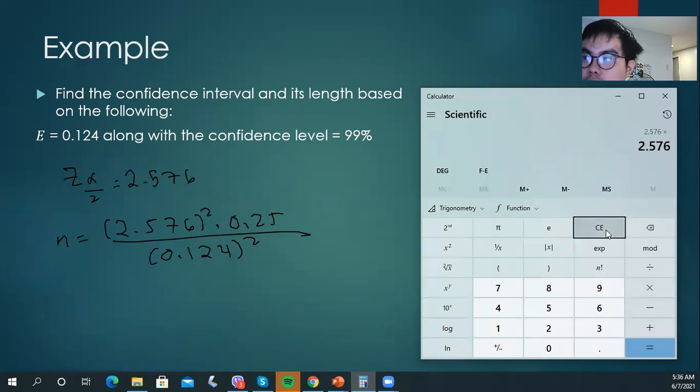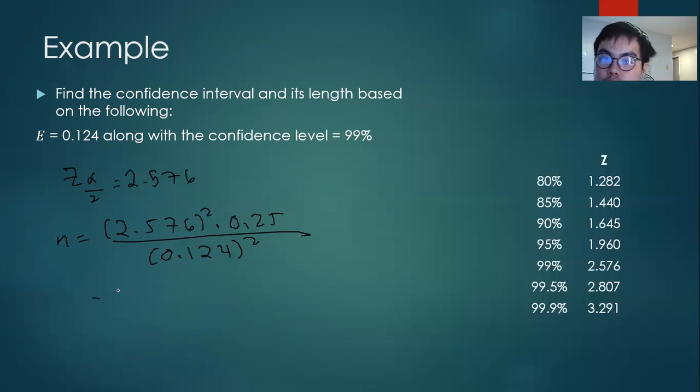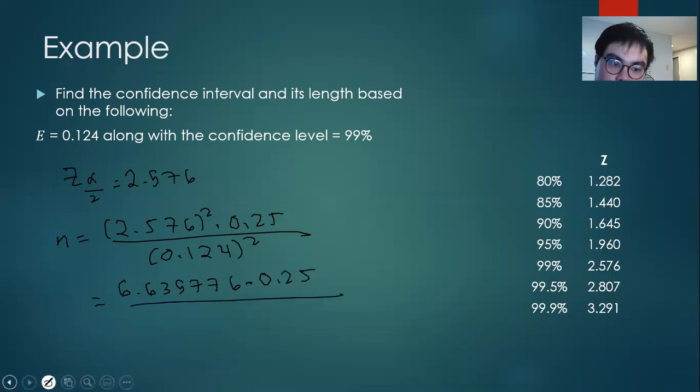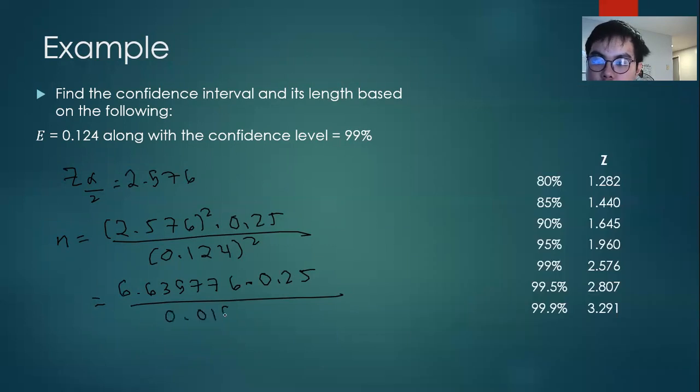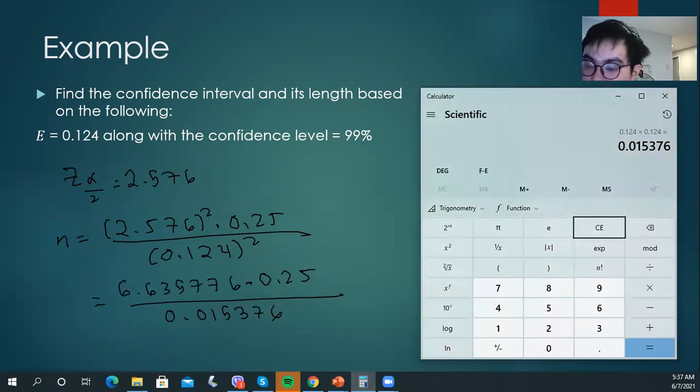So it will become 6.635776 times 0.25 over 0.124 times 0.124, which is 0.015376. We're going to check if it's correct.